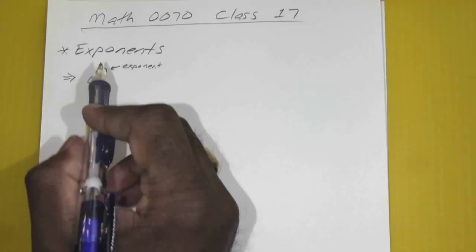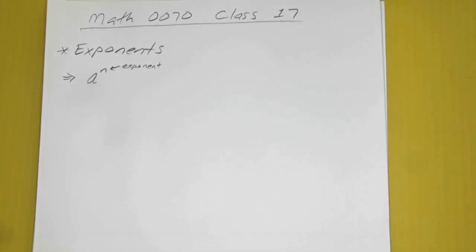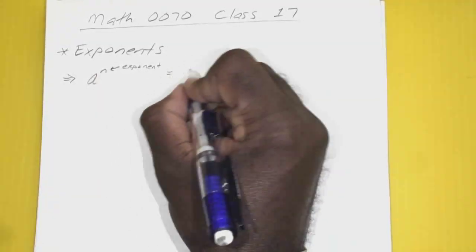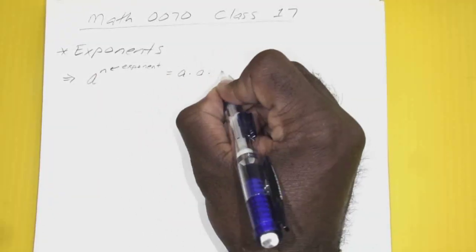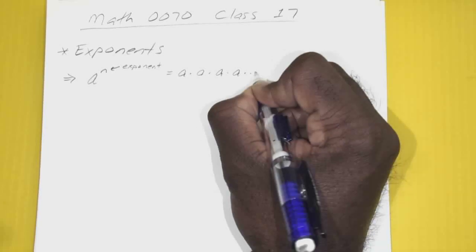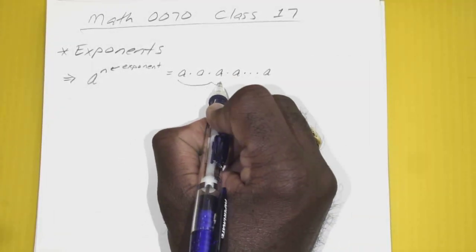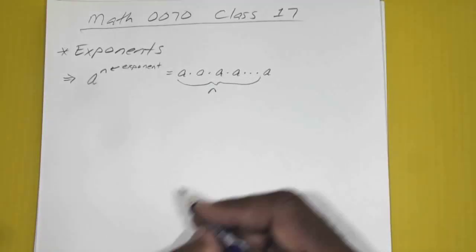All that tells us is how many times you're going to multiply a times a times a times a. So a to the nth power is just a times a times a times a, and it's going to keep on going n number of times.